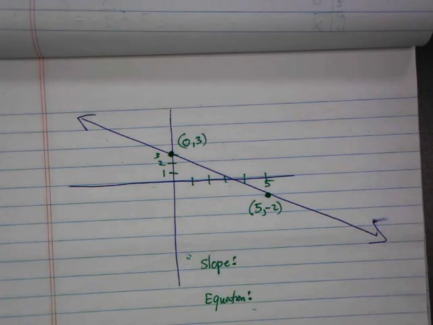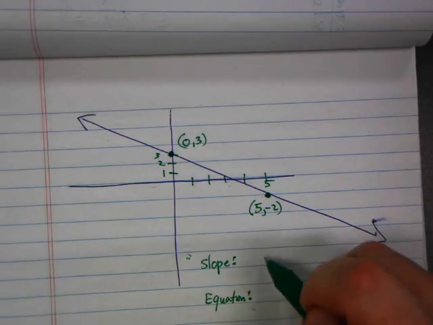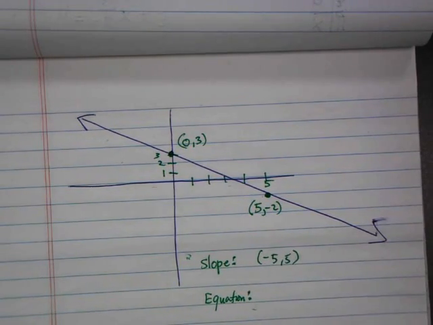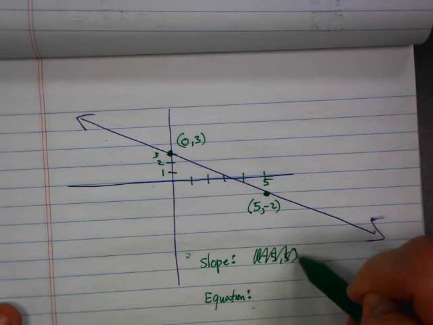So when you're saying slope is negative 5, is that what you mean? No, slope is just a number, remember? How do you find slope? You take the y value and you divide by the x's. So if I were finding the slope here, I think I would just count.